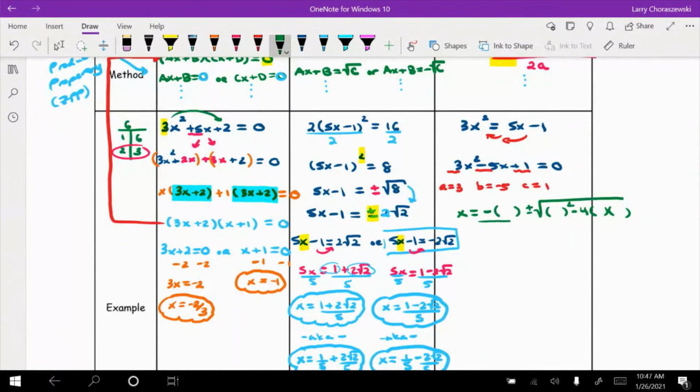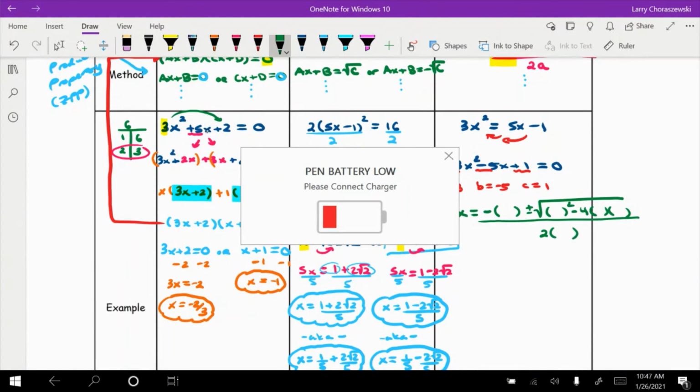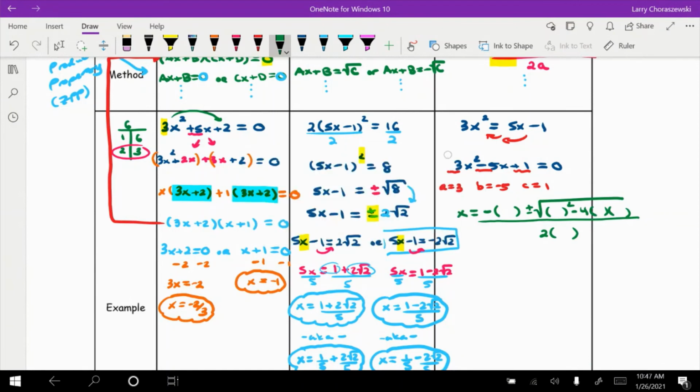Remember, this is all on top of a fraction bar, and on the bottom, I'll write 2 times a set of parentheses. Now, the reason why I'm using the parentheses is because typically, you might have to plug negative numbers into the quadratic formula, and if you use parentheses to start with, it can help you avoid sign errors.